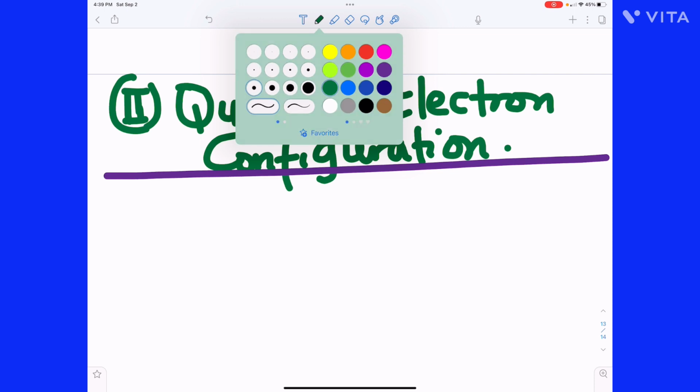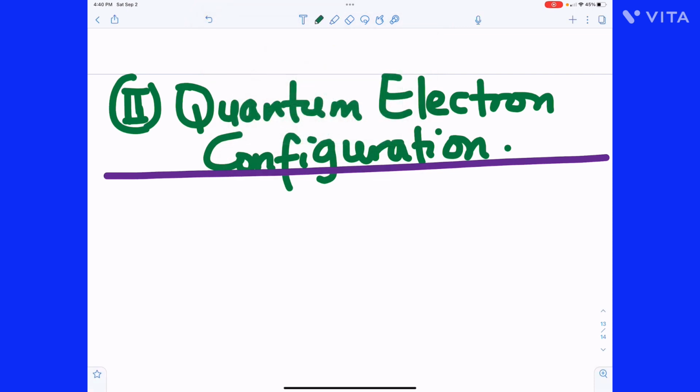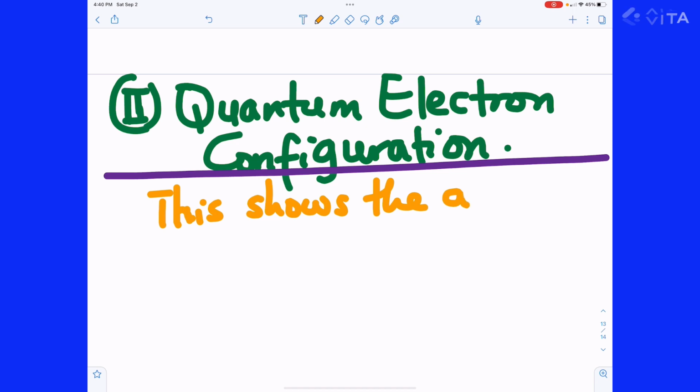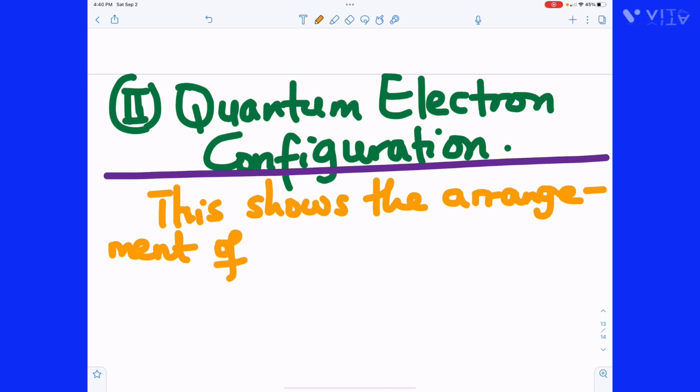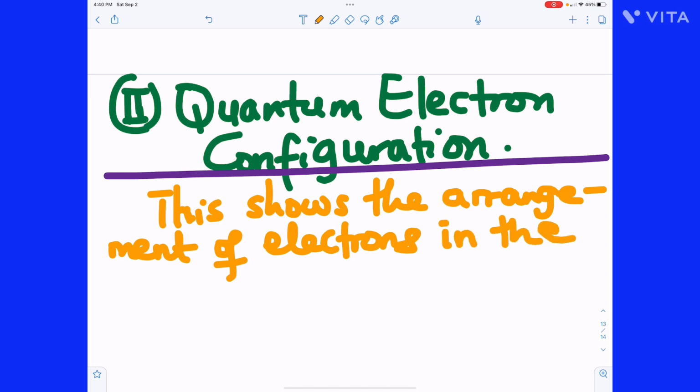Quantum electron configuration shows the arrangement of electrons in the subshells.